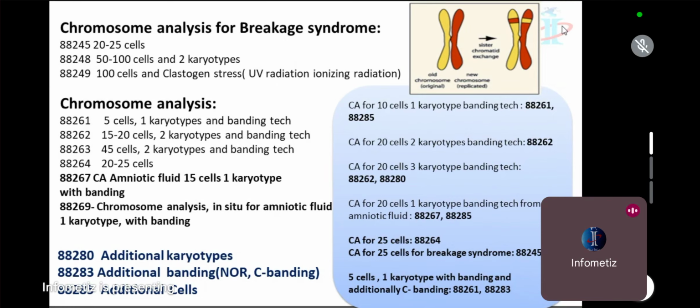Now if I want to check 88240, that is cryopreservation, freezing and storage of the cells, each cell line. Have you heard of storage of cells, storage of stem cells, storage of some other cells?